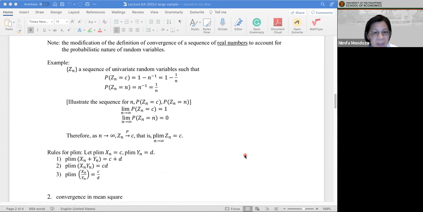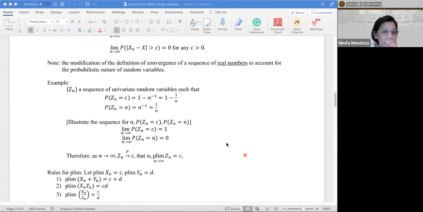So let's have an example. Let C sub n be a sequence of univariate random variables such that the probability that C sub n is equal to C is 1 minus n to the minus 1, or 1 minus 1 over n. So this can be expressed as this. And the probability that C sub n is equal to n is n to the minus 1, or 1 over n.